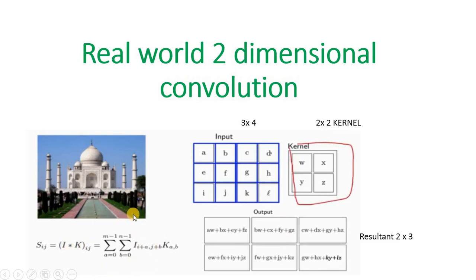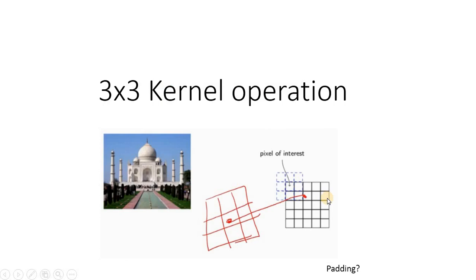And when we do a 2-dimensional convolution on a Taj Mahal picture, what happens? Now when we do a 3 kernel operation, instead of a 2 by 2 kernel, you take a 3 by 3 kernel and place it over the number like this, then slide it over to the next, and whatever the middle number is will be replaced by the weighted addition value.